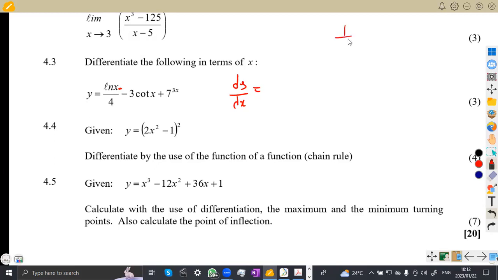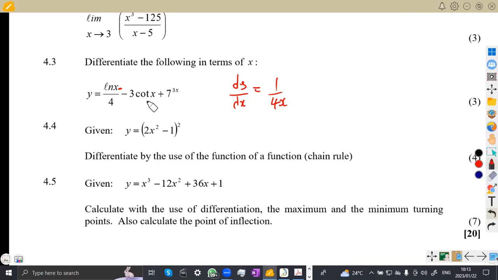So it is going to be 1 over x like this, divided by 4, which is the same thing as 1 over x times 1 over 4, which is going to give us 1 over 4x. Okay, so this is going to be 1 over 4x. So that was the derivative of this part.